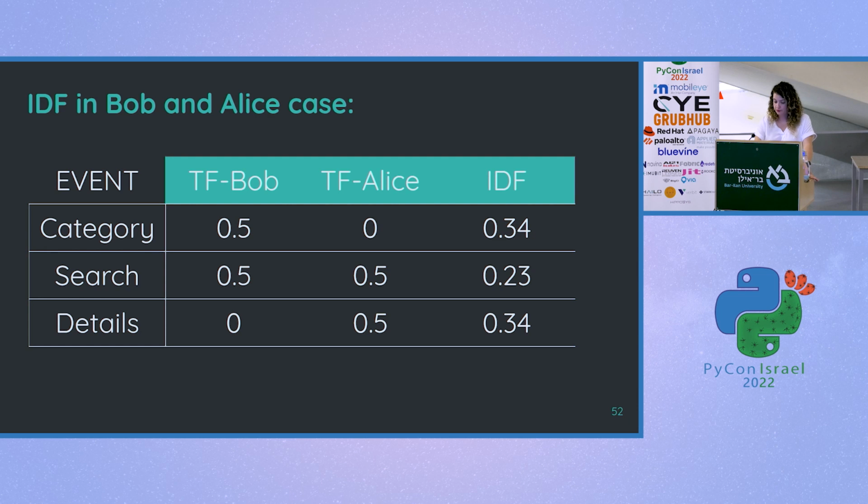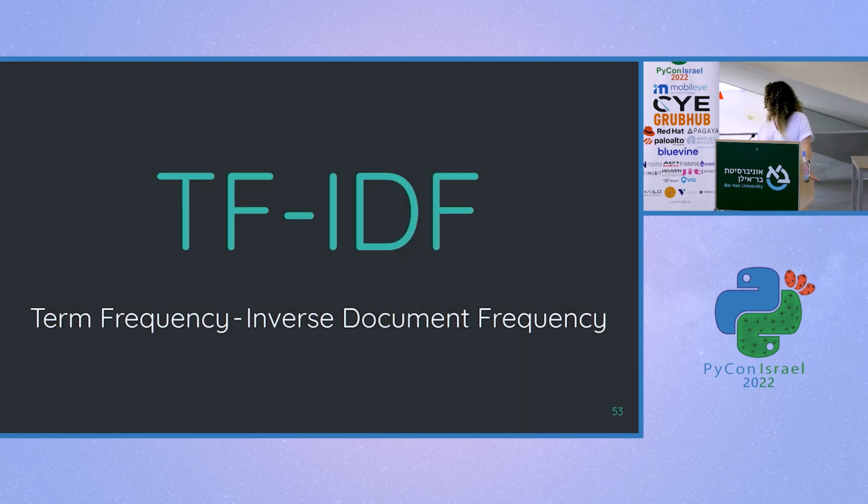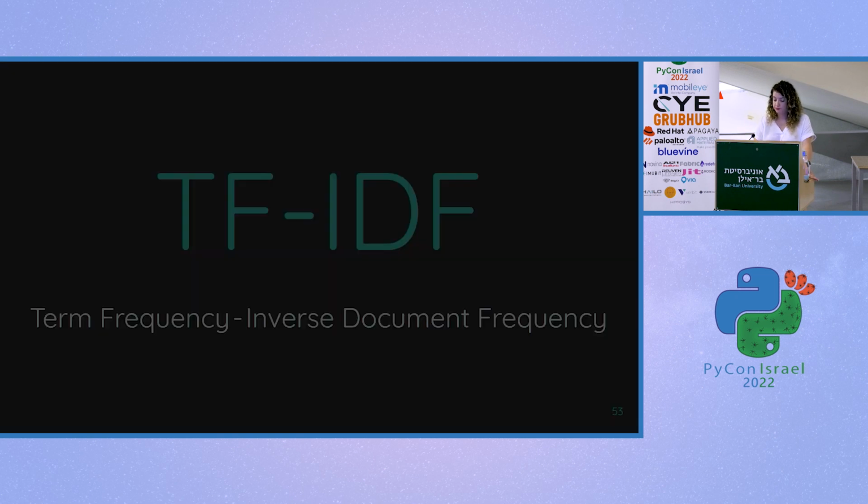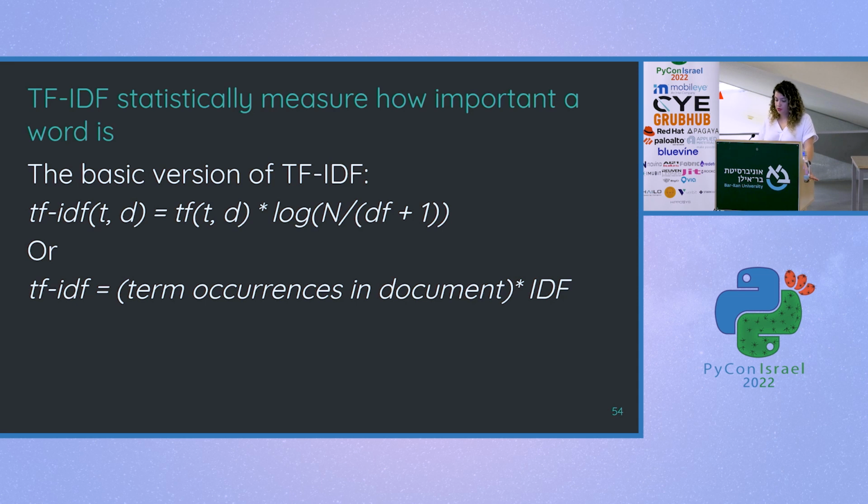So TF-IDF, again, is term frequency inverse document frequency. It's the relative weight, in our case, of our specific event. So the basic version of TF-IDF is actually the TF multiplied by the IDF, the inverse document frequency.